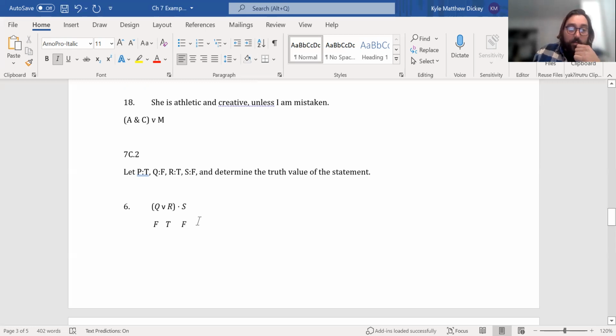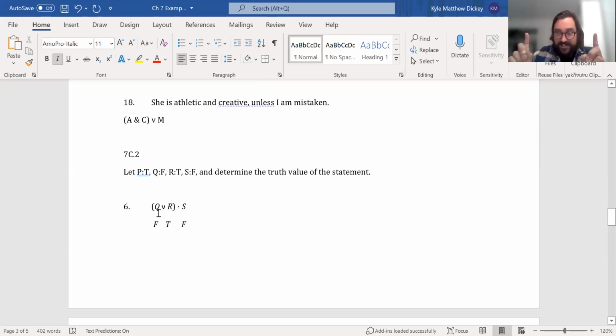Okay, now what exactly are we doing here, right? So Q is false, R is true, S is false. Well, how do we determine these things? We need to use the truth tables that we have access to, right? Our truth tables tell us what the truth function is for each of the symbols we've been discussing. So what's the truth function for the wedge, for or? The truth function for the wedge is that the sentence is true just in case one of the disjuncts is true.